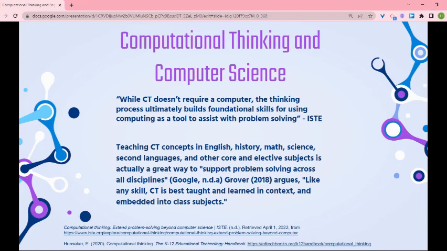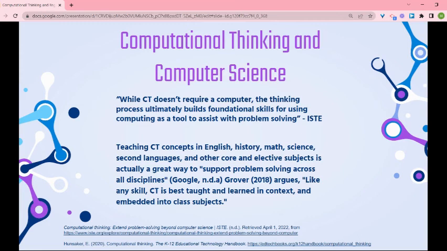Computational thinking doesn't require a computer per se, but the thinking process ultimately builds the foundational skills for using computing as a tool to assist with problem solving. So, if you really want to think about problem solving and that connection to computer science, it is how can we take computing or computers to solve problems. So that's the intersection. You're still problem solving.